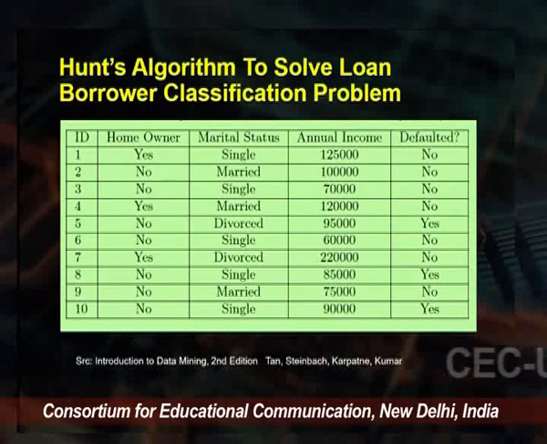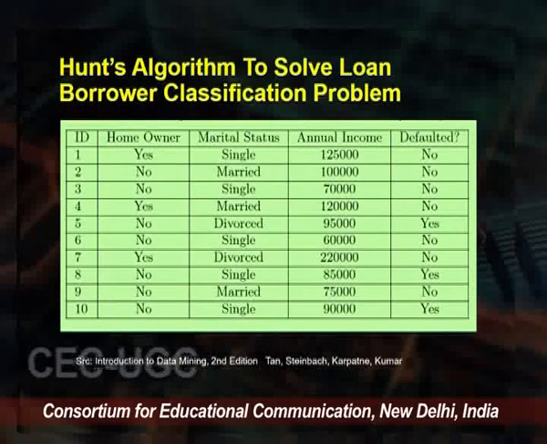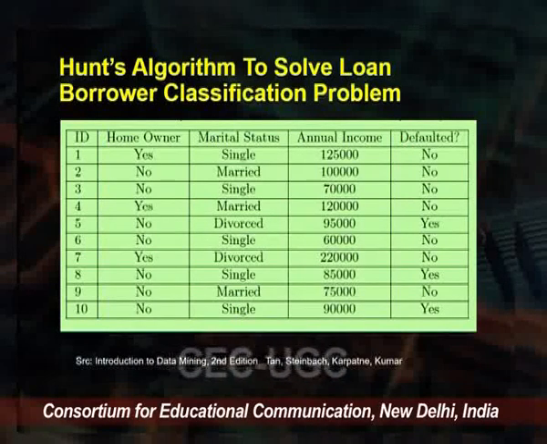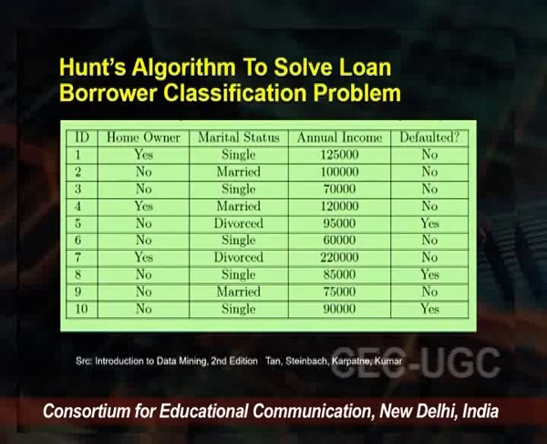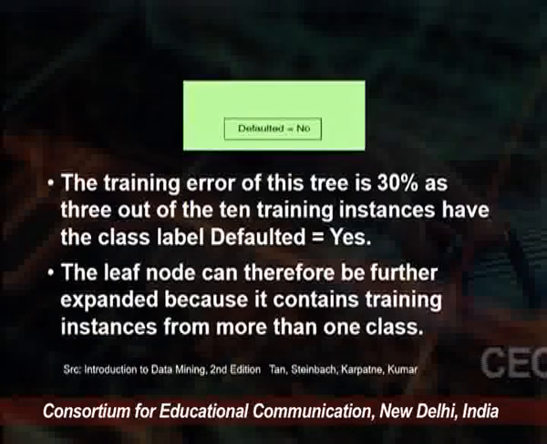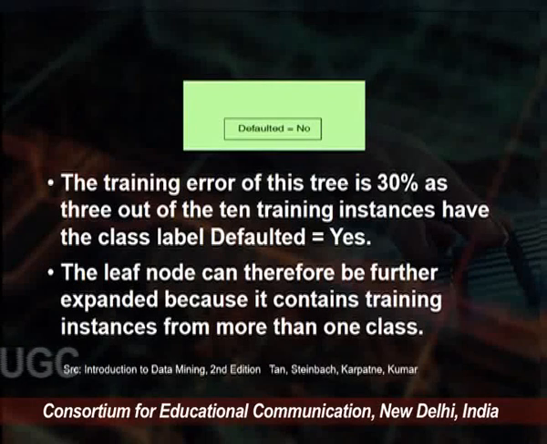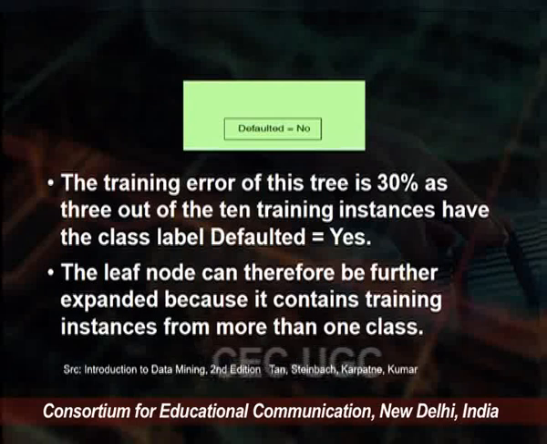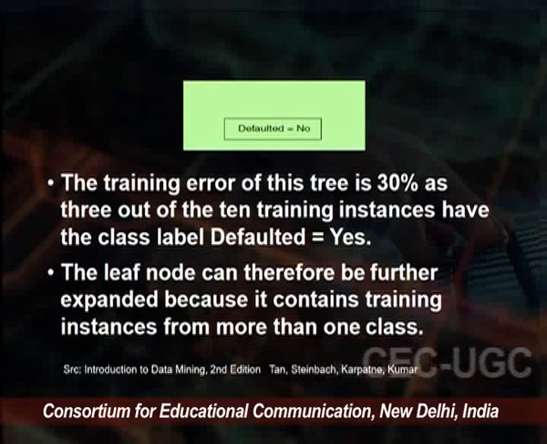So defaulted is equal to no belongs to 70% of the data set, and 30% belong to defaulted is equal to yes. So the training error of this tree, where we say defaulted is equal to no, is 30%, because 3 out of 10 have defaulted is equal to yes.